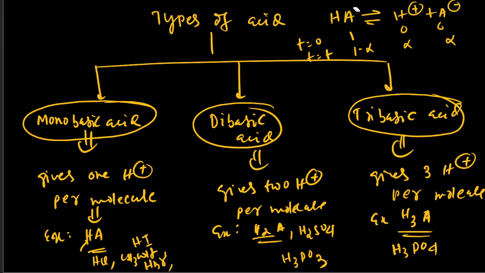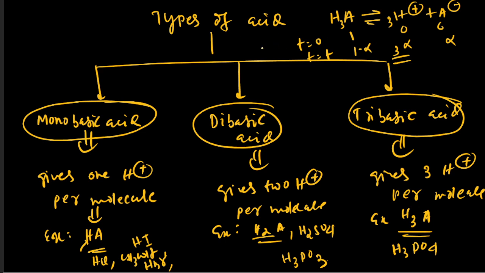And if it is dibasic, then what happens? 2 H will be there, so it will give 2 H plus. So this will be alpha, but this will become 2 alpha. If it is tribasic, then this will be alpha, but H plus it will give 3, so it will become 3 alpha.